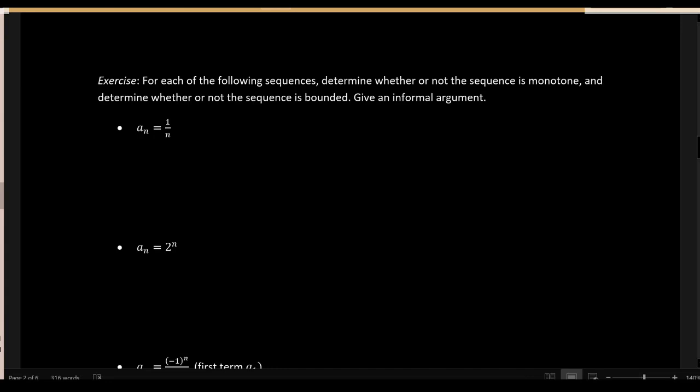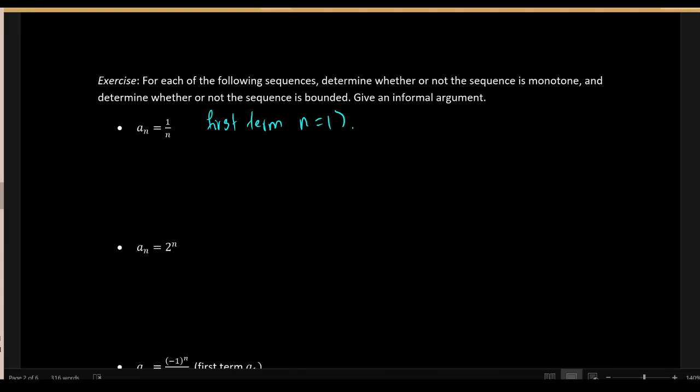Let's consider the sequence a sub n equals 1 over n. Of course we cannot divide by 0, so let's just agree that the first term is going to be where n is equal to 1, because n equals 0 would cause us to divide by 0, and that's not allowed.